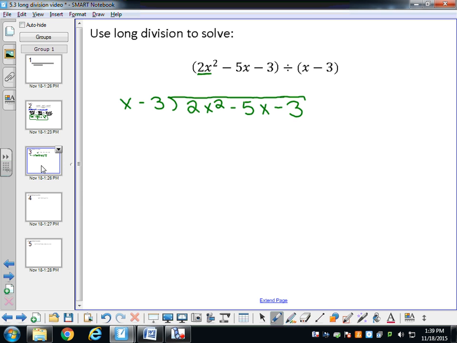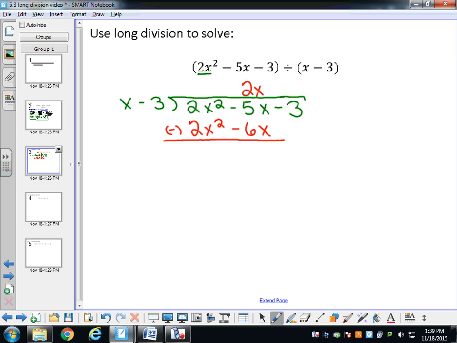Now, x needs to be multiplied by what to get rid of 2x squared? I would need to multiply by a 2x. Since 2x is linear, that has to go above the linear term inside the house. Then multiply your 2x through by your divisor. So I get 2x squared minus 6x.